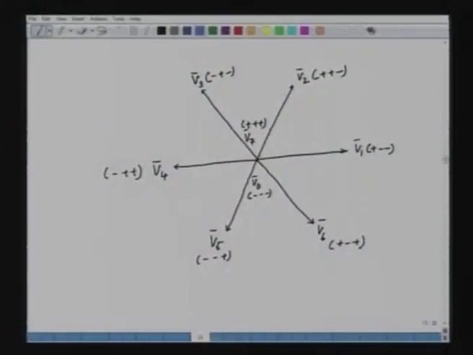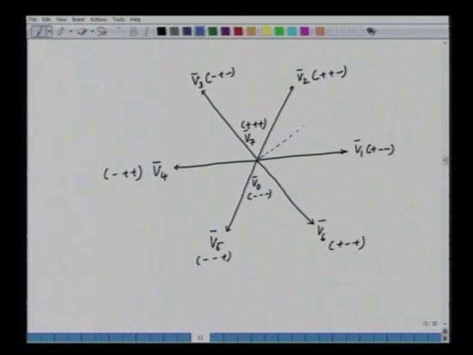So we can call this sector 1, and this is sector 2, and this angle is 60 degrees. Similarly, all the sector angles will be 60 degrees.